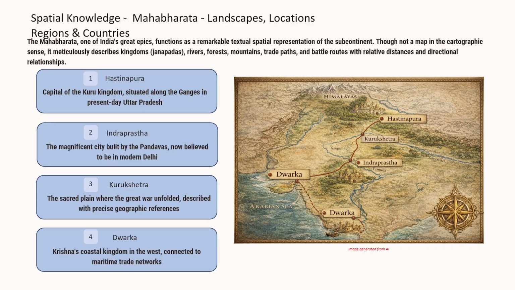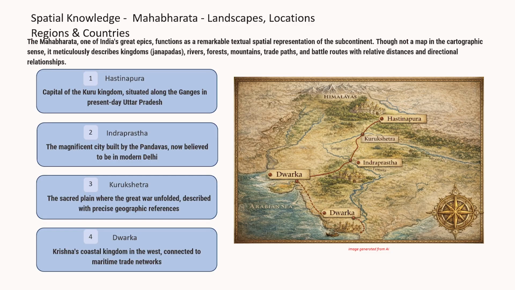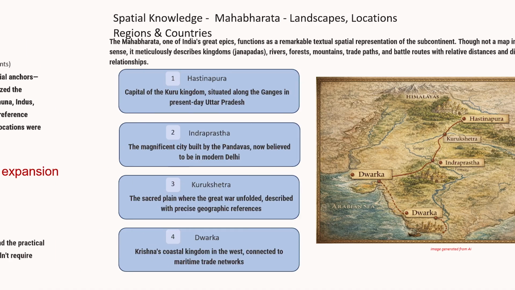There are spiritual places as well as historical sites, Hastinapura, and Kurukshetra where the war happened for a long time. There was Dwaraka, there was Banaras, all those things are recorded in the Indian cartographic tradition.